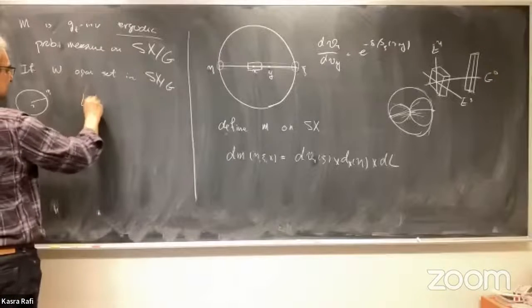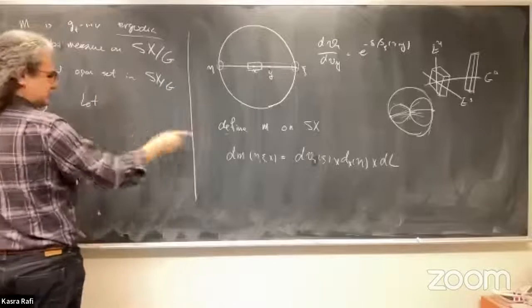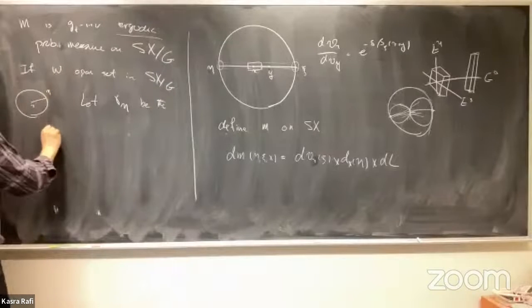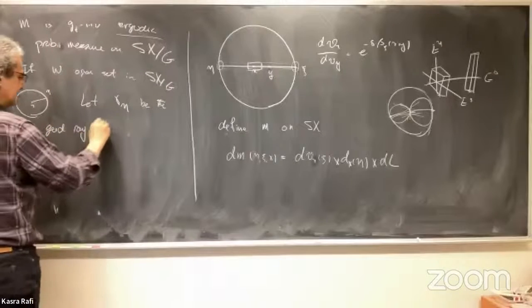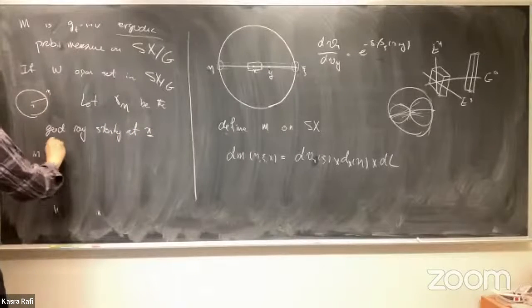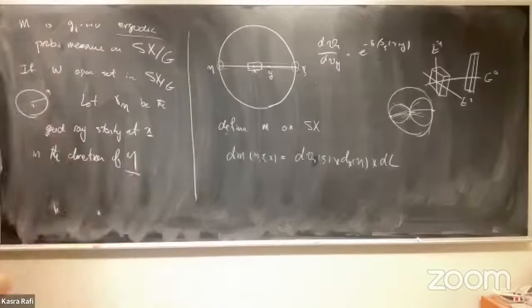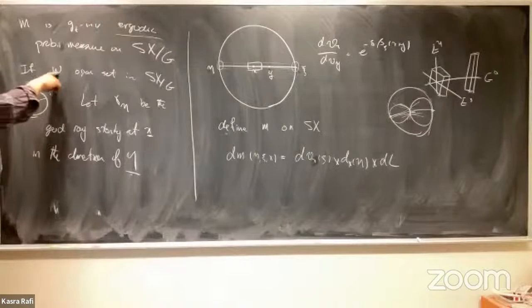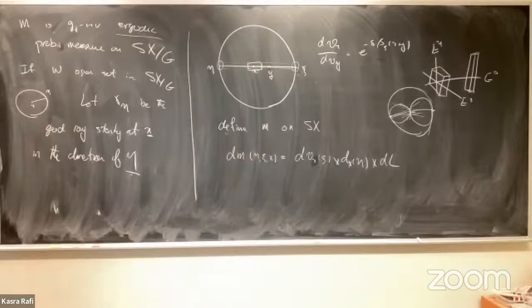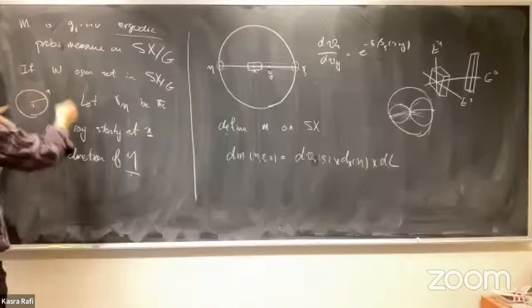So let gamma eta be the geodesic ray starting at X in the direction eta. So W is an open set. So I can think of this as a geodesic in SX quotient G also, just like in a quotient. So I want to say in the quotient, this geodesic goes almost everywhere.